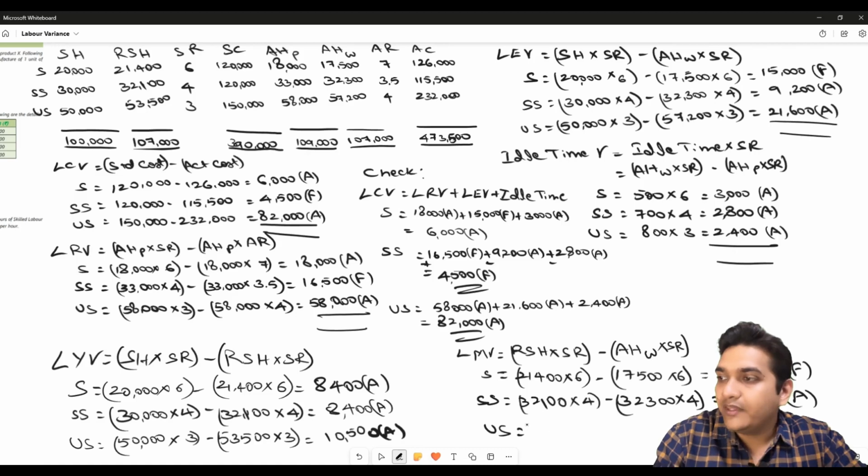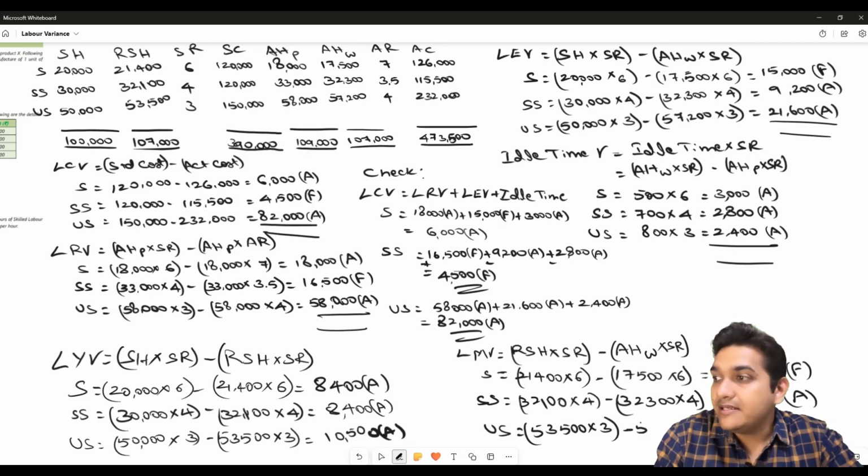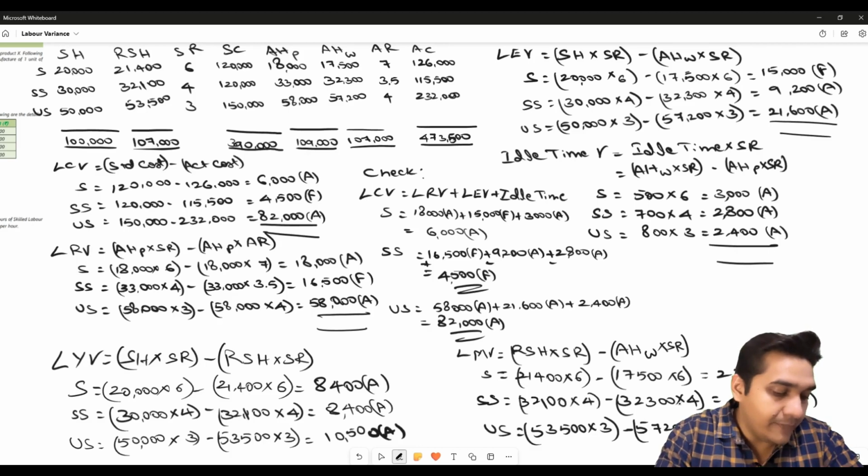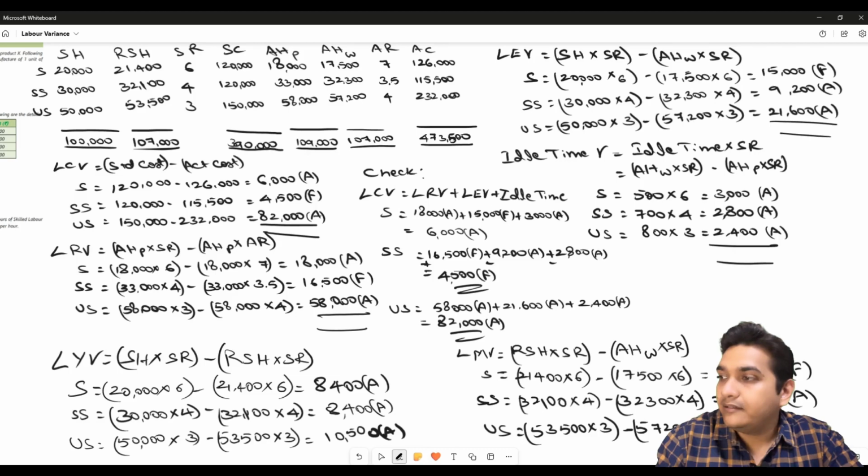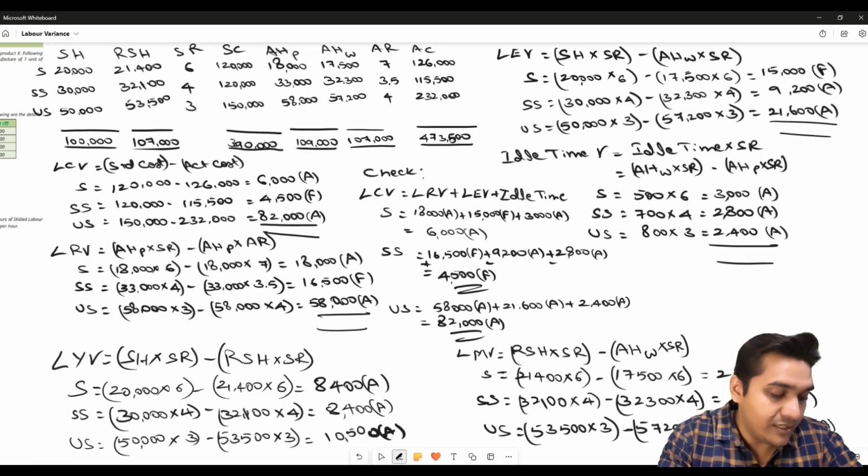Then we have unskilled. My revised standard hours is 53,500 into standard rate of 3 minus actual hours worked of 57,200 into 3, which is equal to 53,500 minus 57,200 into 3.